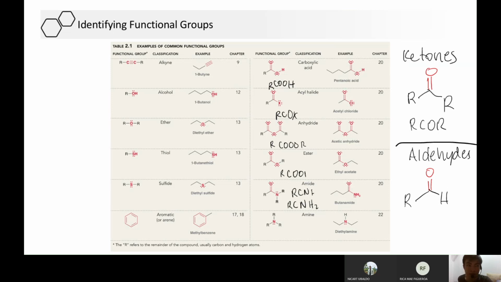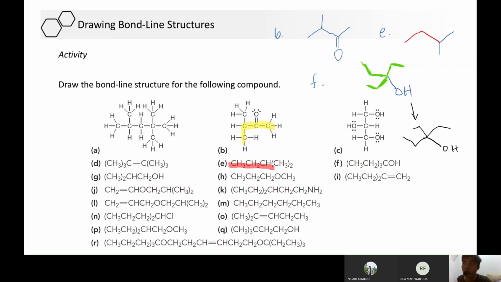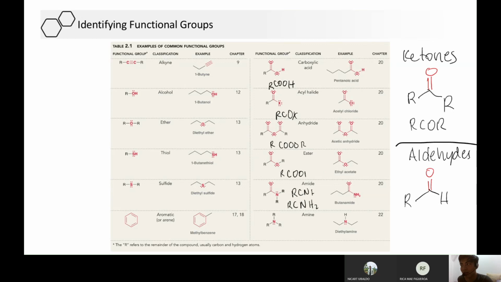Basta alam niyo yung dami ng hydrogen per edge ng zigzag. It requires more practice, kaya I gave you lots of stuff to do at home. And you have to remember this. Familiarize yourself, kasi in the future dadaanan din natin sila.